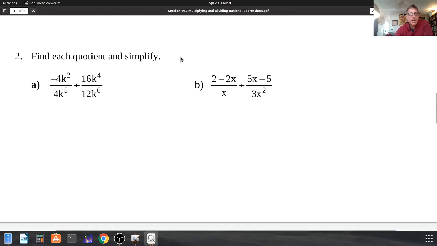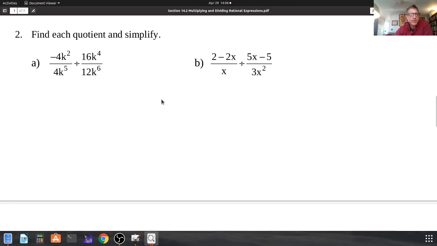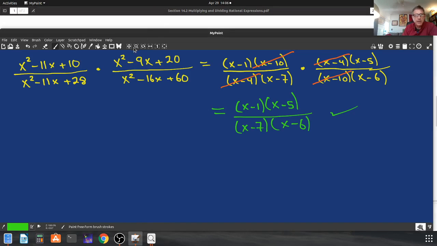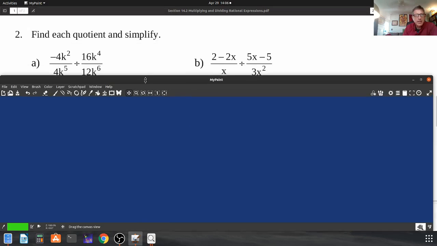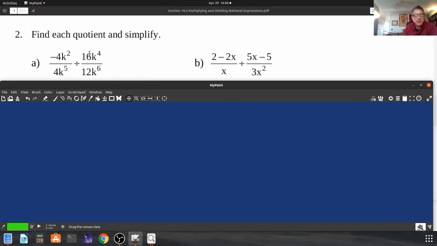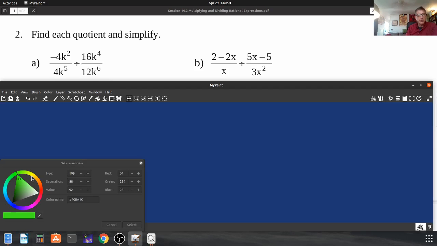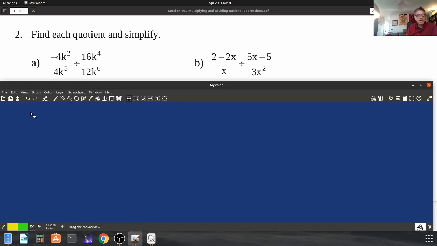So now we're going to go into division, and we're going to use the trick that we've always used. The only thing I'm going to suggest here for this first problem is that before you change the division sign into multiplication and multiply by the reciprocal of the second term, you actually simplify each of those terms in the division first. It'll make it a lot easier.